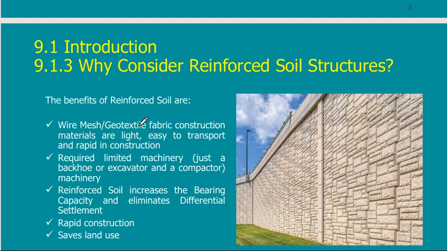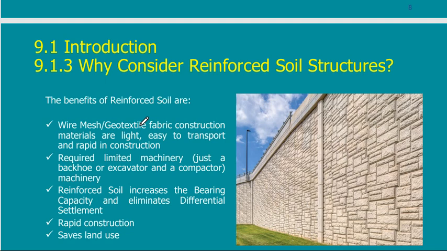From the name, geo means soil, textile means cloth. So it is as if it is a cloth, قماش in Arabic, that is used for soil. If you put normal cloth in soil, it will be torn and it may disintegrate in a few years.